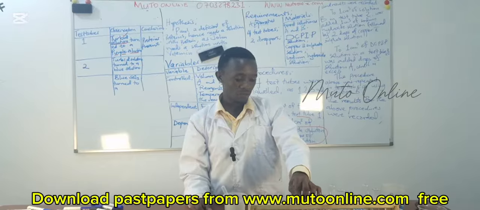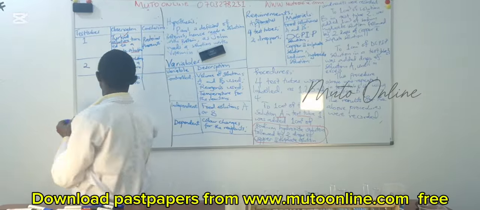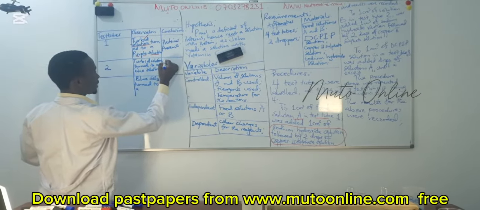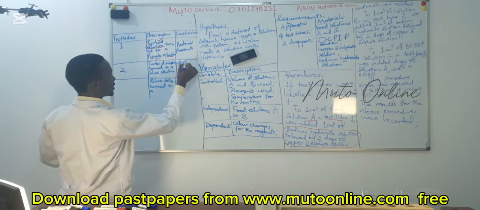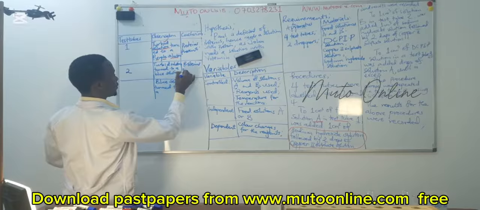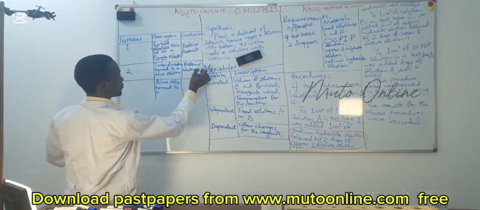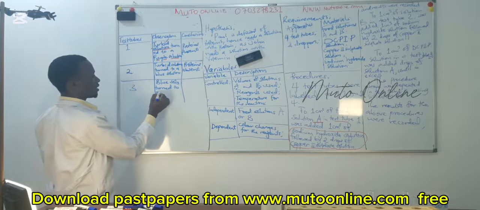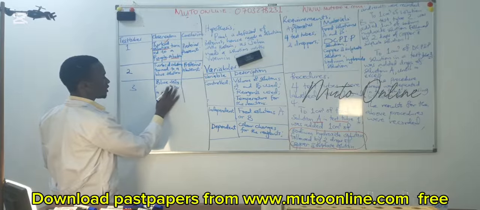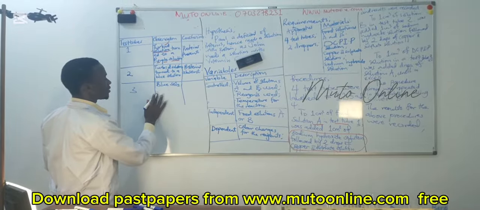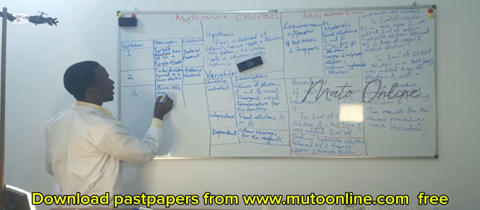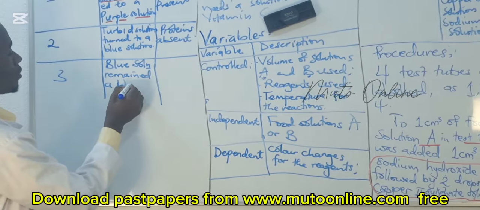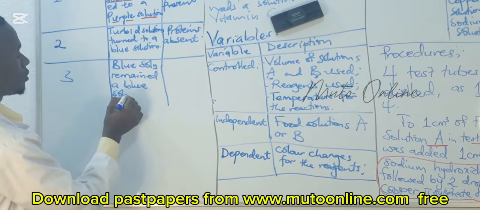So in our observation, remember this observation is an indication that the proteins are absent. So the blue solution in test tube 3 did not turn, but remained a blue solution.